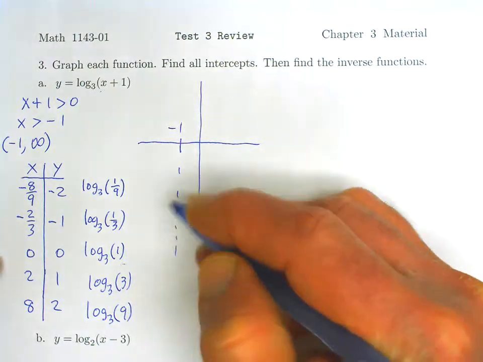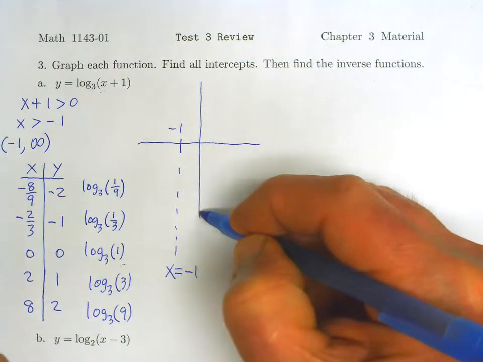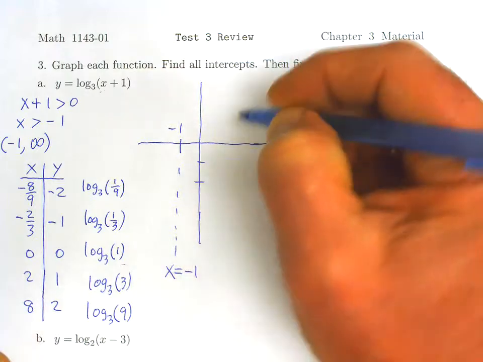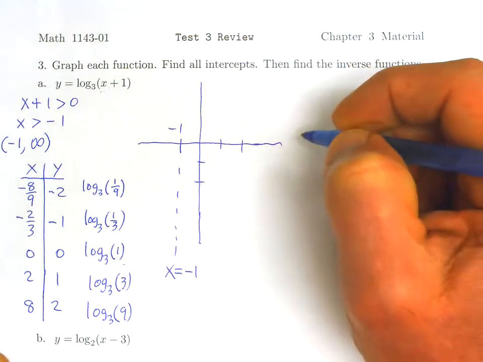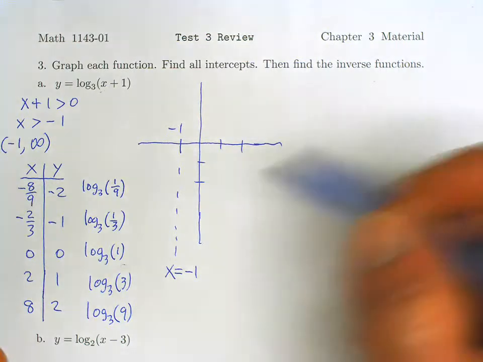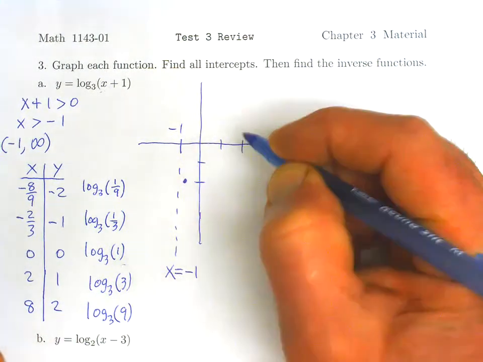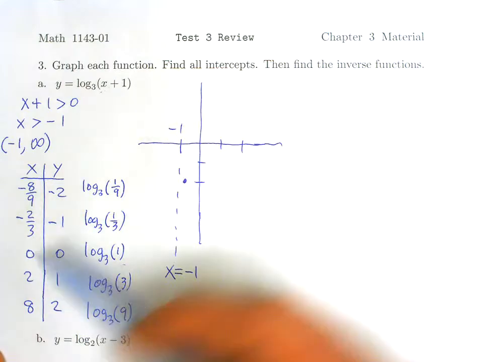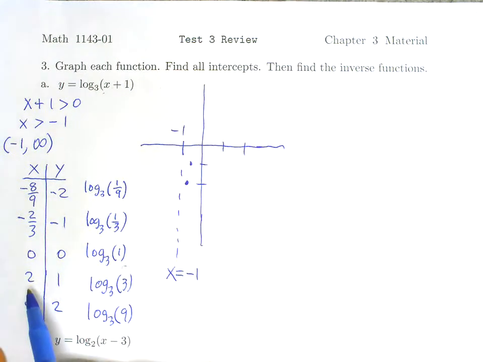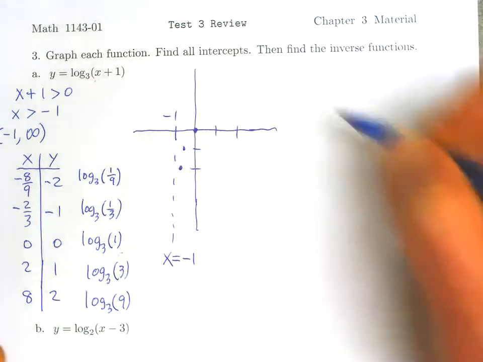So the vertical line below the x-axis, x equals -1, is a vertical asymptote. Okay, so -8/9, -2. It's about right there. -2/3, -1. The point 0, 0 is an x-intercept and a y-intercept.